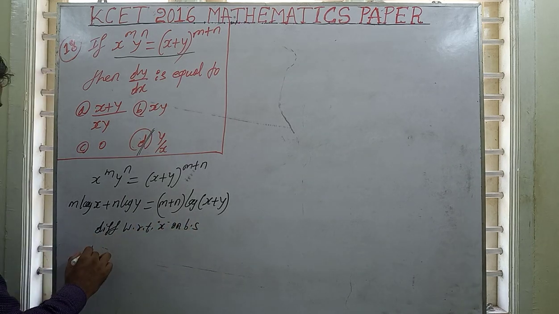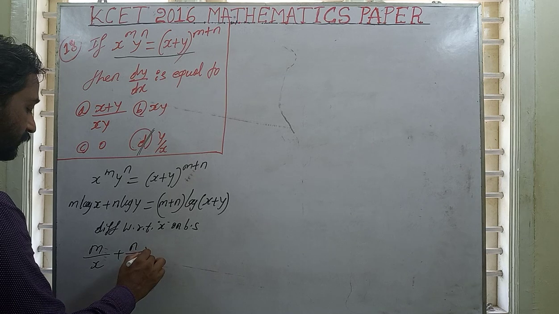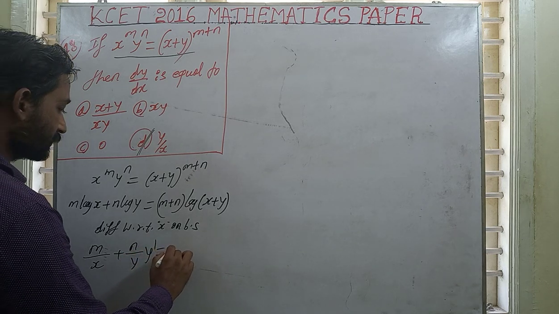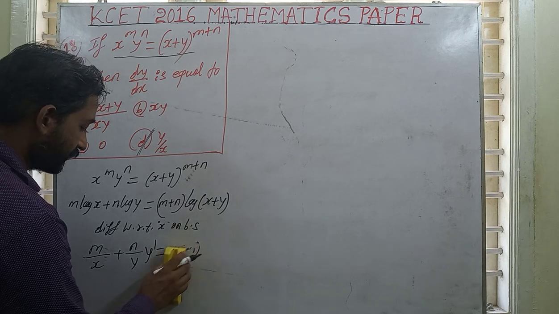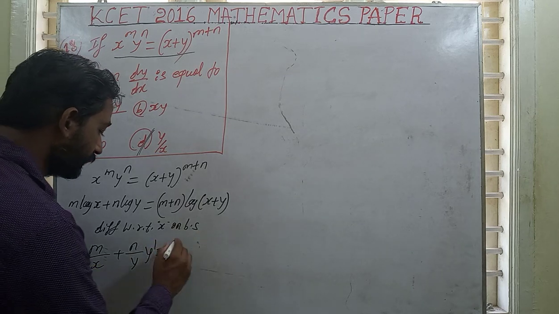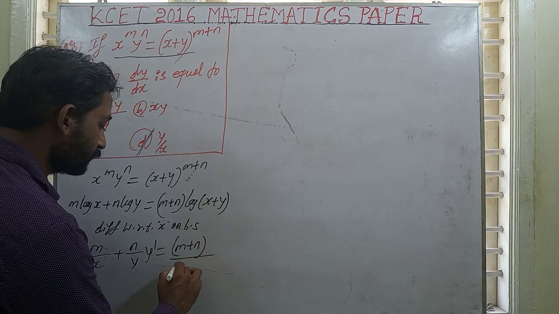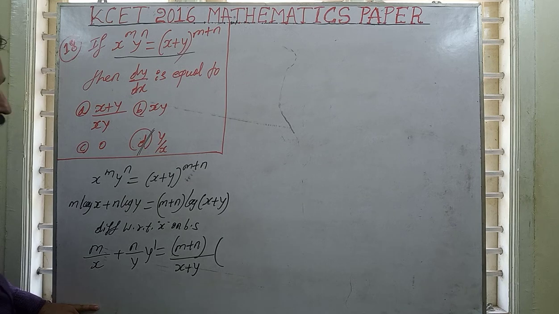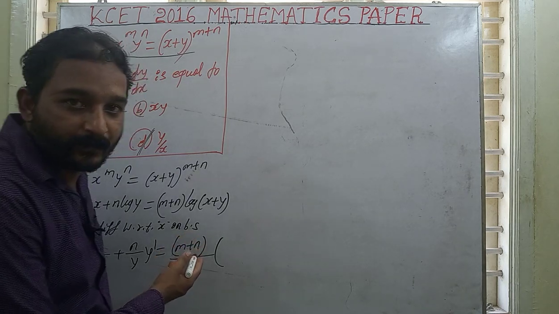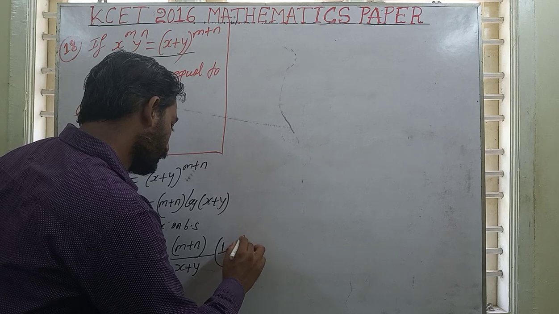So m log x gives m by x, plus n by y into y dash, is equal to m plus n, which is constant, taken as it is. Now differentiate log of x plus y, which gives 1 divided by x plus y. Again apply the chain rule: x plus y gives 1 plus y dash.